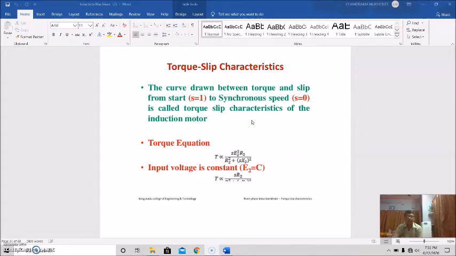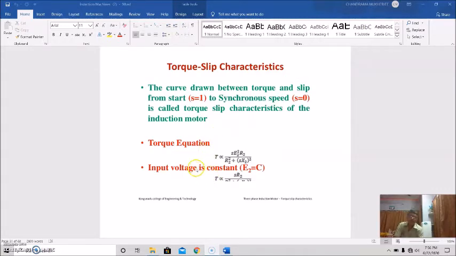Whenever the rotor speed is nearly equal to synchronous speed, the slip will be 0, and at starting conditions it will be 1. So the slip goes from s equal to 1 at starting to s equal to 0 at synchronous speed, and this graphical representation of torque versus slip is the torque slip characteristics of the induction motor.